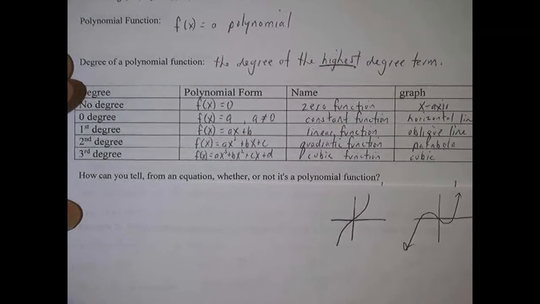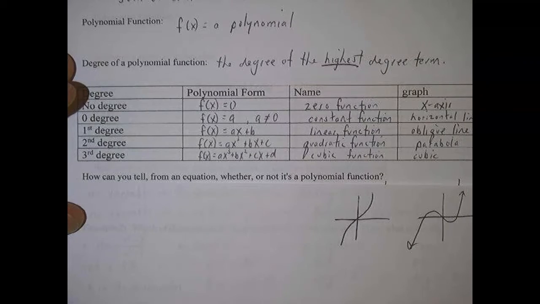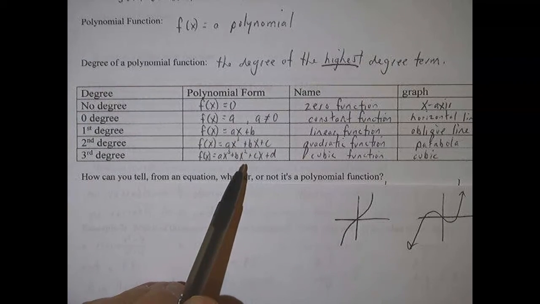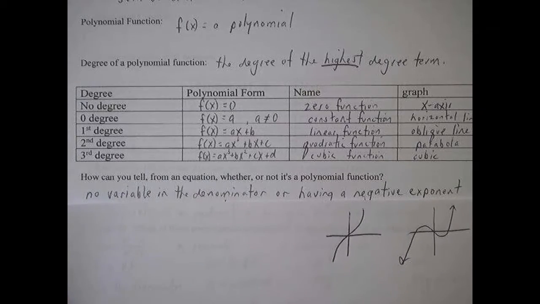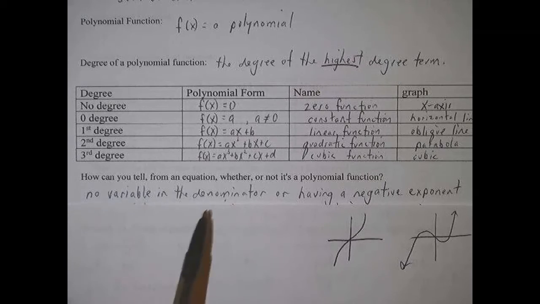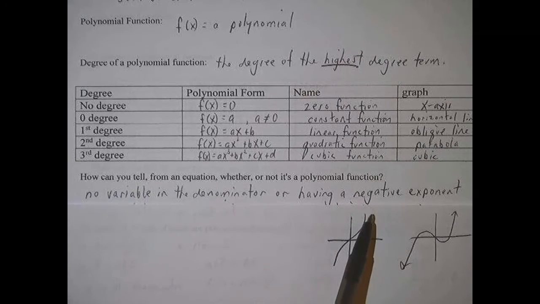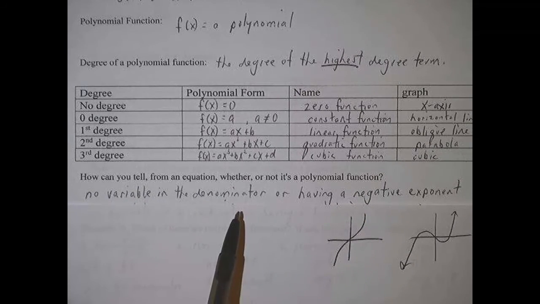How can you tell from an equation whether it's a polynomial function? These are all polynomial functions, and one thing they have in common is that there is no variable in the denominator. If there's a variable in the denominator or a negative exponent, it is not a polynomial function. The second one is a radical.